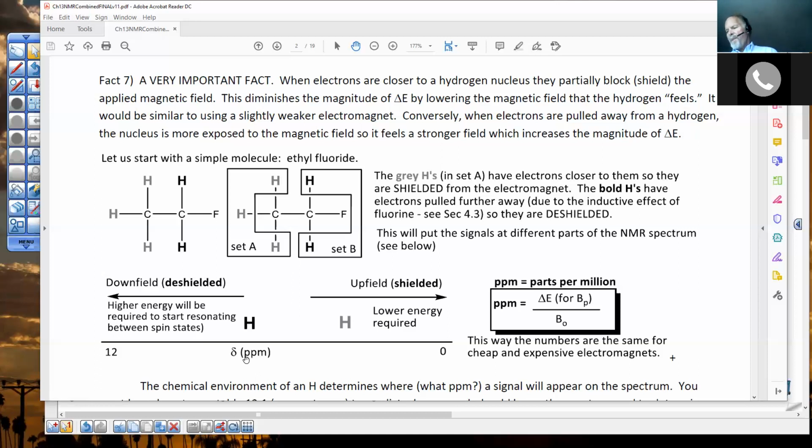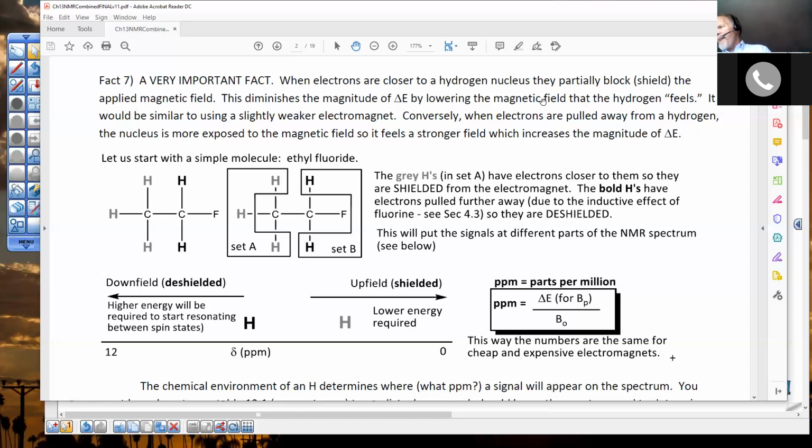And it's parts per million, so that different people with different machines, even if one's a more powerful electromagnet than the other, can still have the same numbers to compare. ppm is the ratio of the energy gap that we saw between the two spins.